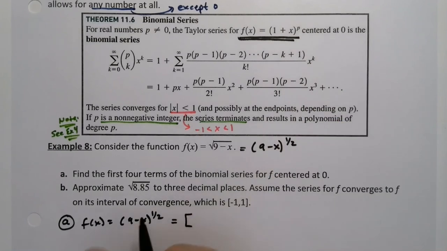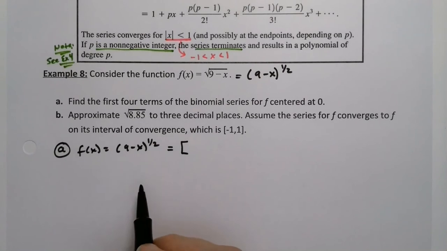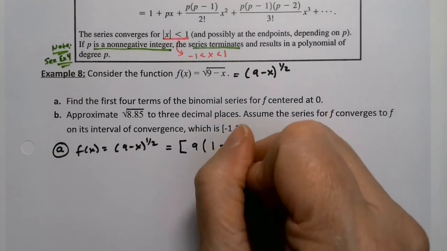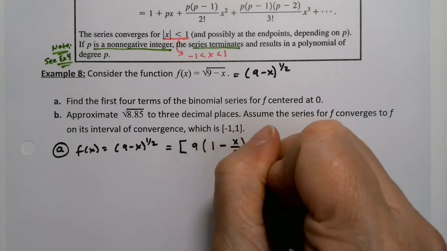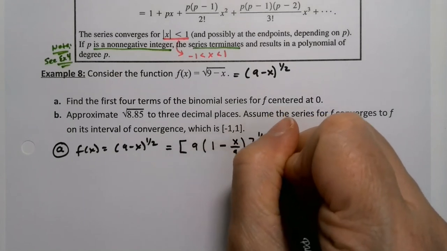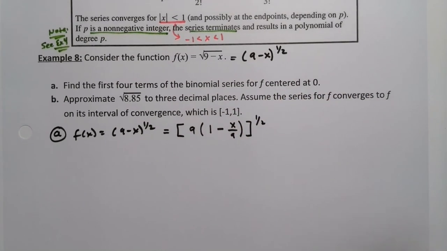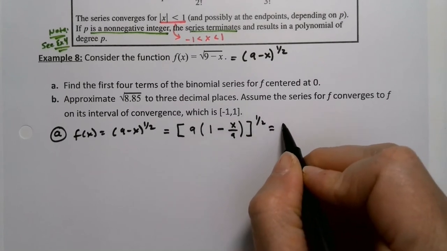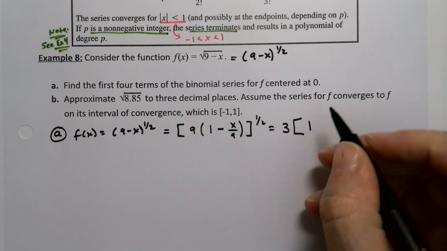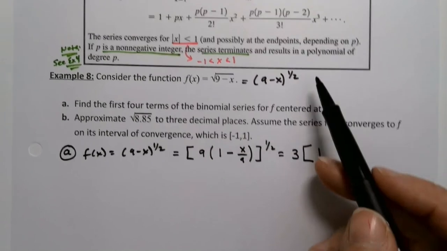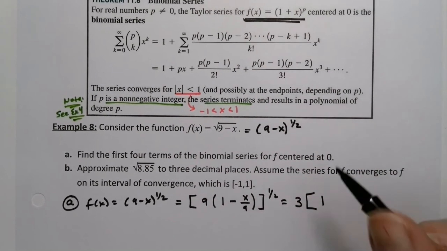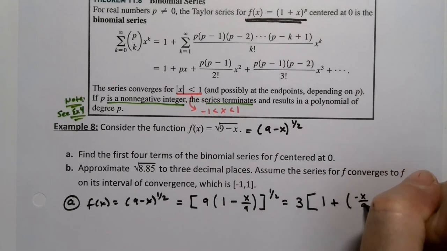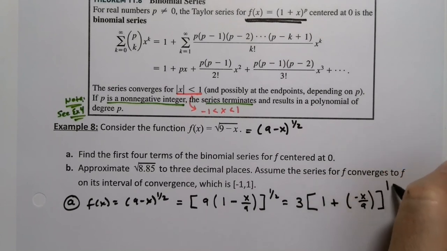So I'm going to start by factoring a 9 out of this. If I took a 9 out, that would leave me 1 minus x over 9 to the 1/2, or if you like, square root. And the square root of 9 is 3. So that's 3 times 1, and since it has a minus in there, I'm going to write plus, and then it's negative x over 9 to the 1/2.